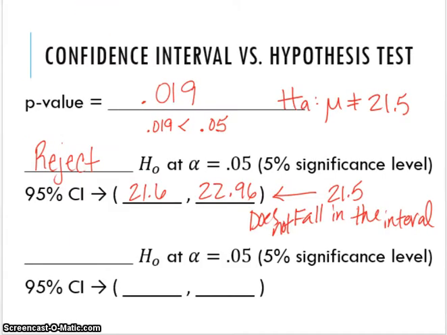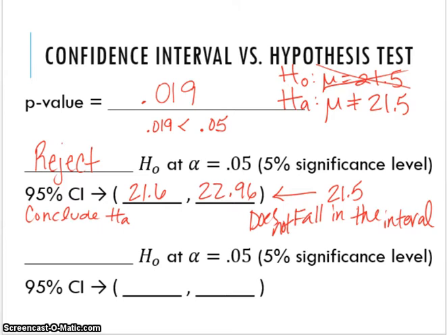The null here is that mu is 21.5. Based on our p-value, do we think we're going to reject? We do not think it's 21.5. Based on our confidence interval, we do not think it's 21.5. So both ways, we do not think it's 21.5. We think it is something different. So we're going to reject the null and conclude the alternative.